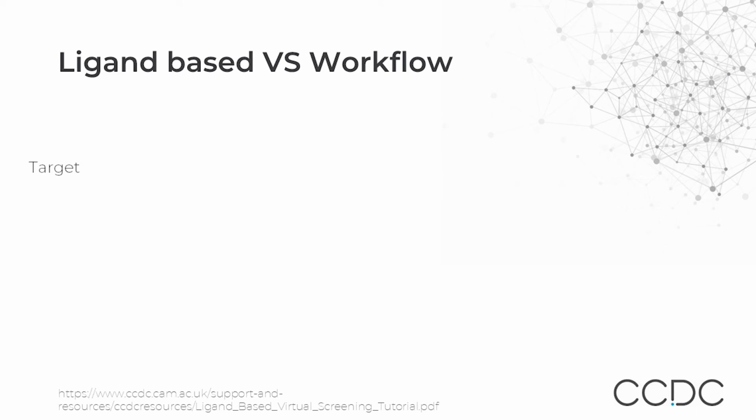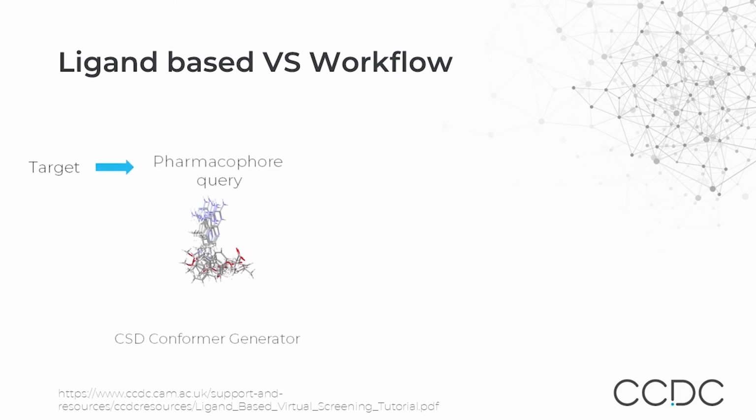Now in this slide, I will show how CSD-Discovery ligand screening tools can be used in a ligand-based virtual screening workflow. In the first step, the ensembles of conformers can be generated using the conformer generator for a set of known inhibitors, and then the CSD ligand overlay program can be used to generate the overlay hypothesis for these ligands, and a pharmacophore model can be selected for the next step.